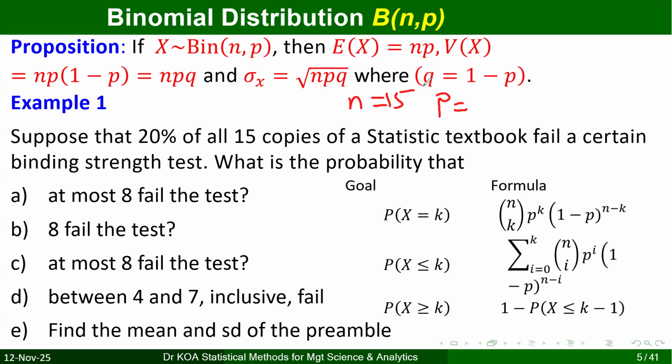P cannot be 1 minus fail. P is actually the probability of success. It will be 12 over 15. No. The probability of success is just this, 20%. Okay. The probability of success is 0.2.